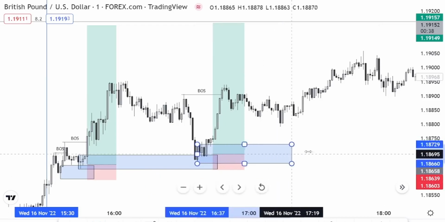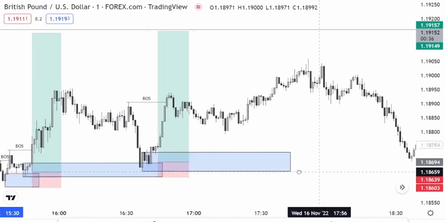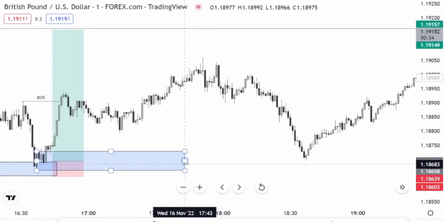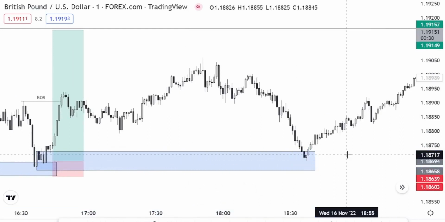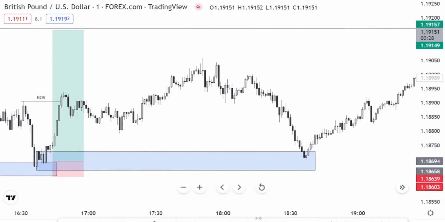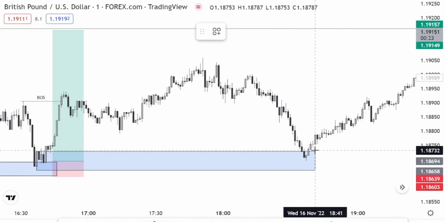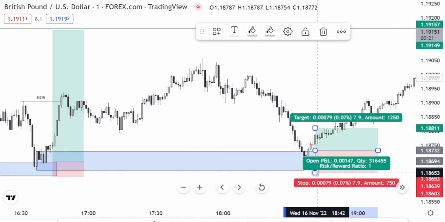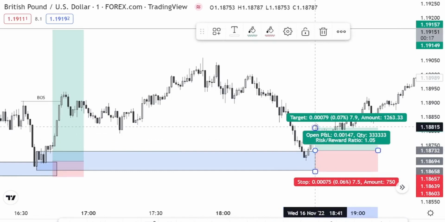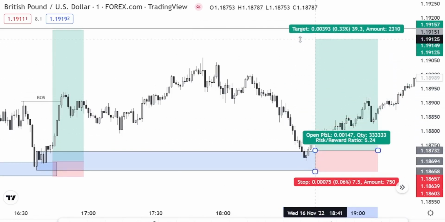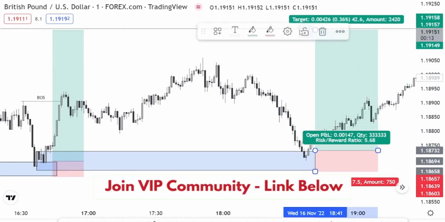Let's see whether price came to it. Okay, so that's your OB, and let's frame this trade. Where do we target? The same high.